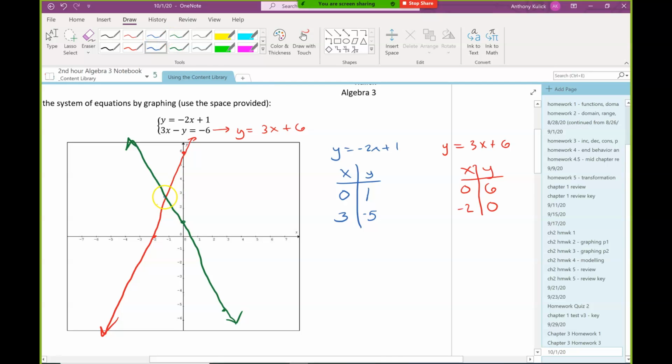So it appears my intersection is here. That looks like it's the point negative 1, 3. And that's it.